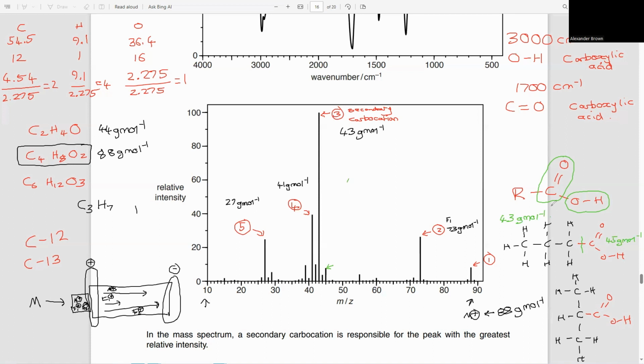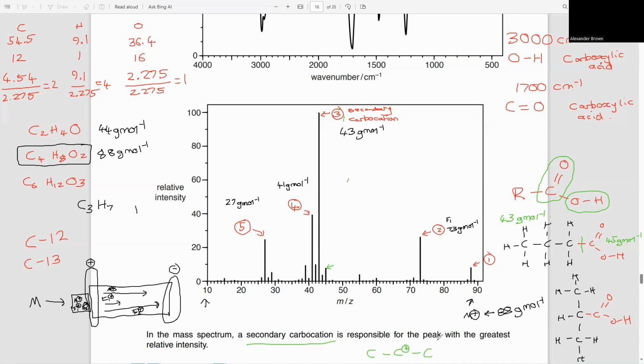So this would actually be a peak just here. Now we're told that this peak is actually due to a secondary carbocation. A secondary carbocation is where a positively charged carbon is itself attached to 2 carbons.